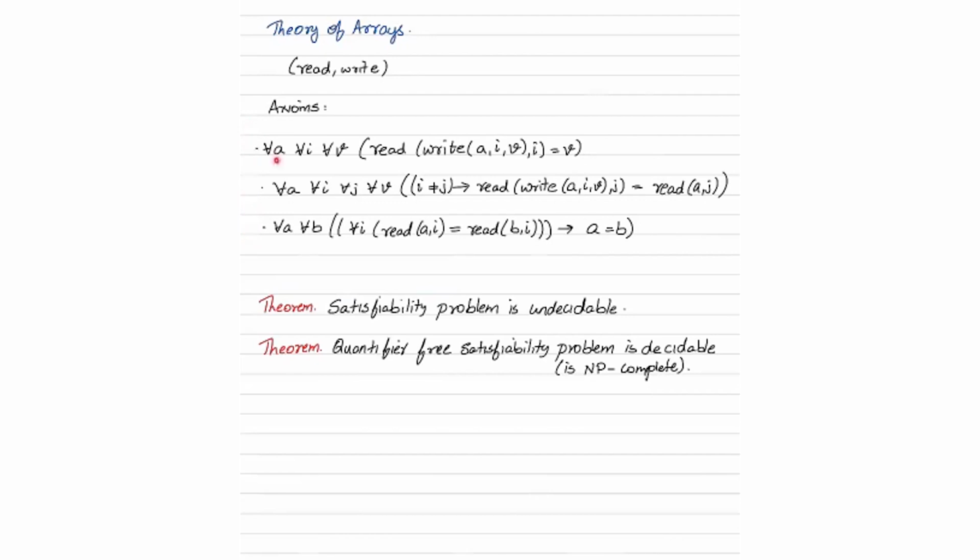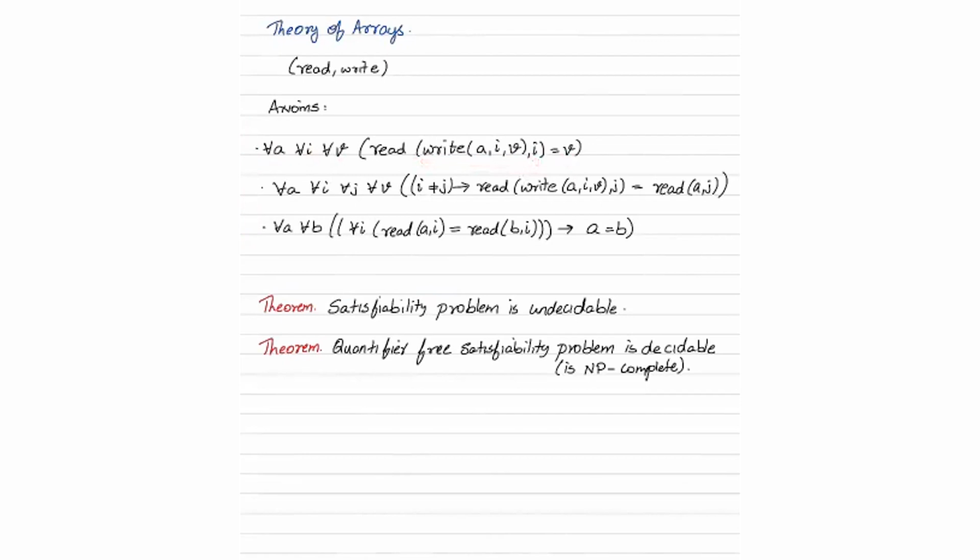A, I'm interpreting as an array, I an index, and V a value. The first axiom says if you write the value V to the ith position in an array, and then after the write you read the value in the ith position, it's going to be the same as V.